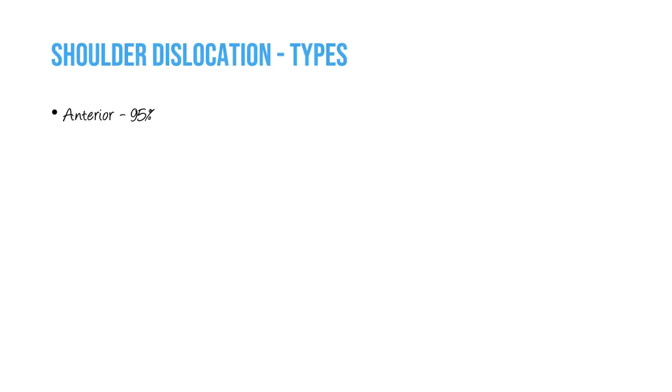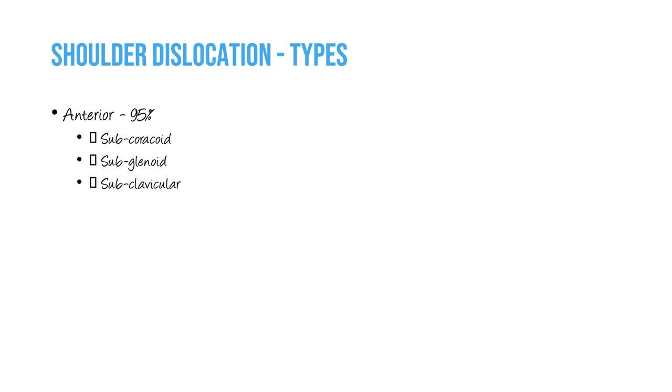Now, this is of various types. The anterior dislocation is very common. It is the most common type. By anterior dislocation, we mean that the head of the humerus comes out anteriorly from the shoulder joint. When it comes out anteriorly, it can go below the coracoid, where it's called subcoracoid. It can go below the glenoid, called subglenoid.